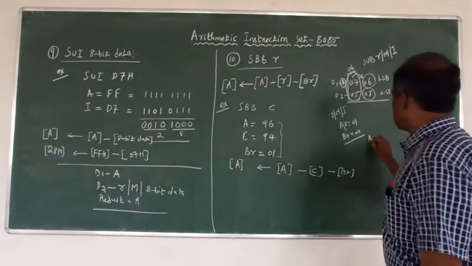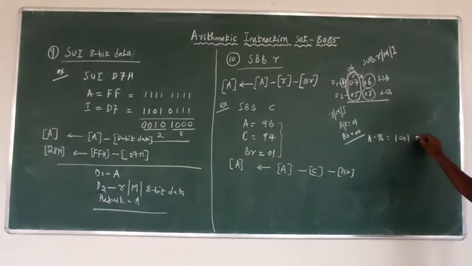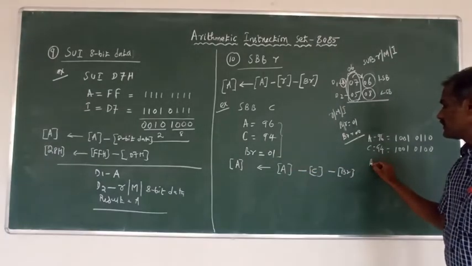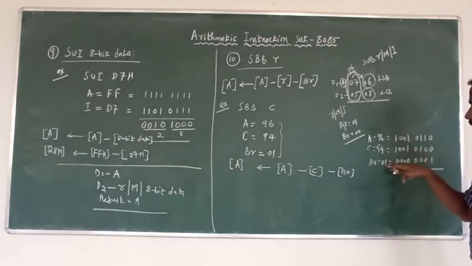Accumulator 96, 1001 0110. Next C register 94, 1001 0100. Borrow equal to 01, 00000001. If any borrow, you have to subtract with borrow also. No borrow means we can subtract with 0.